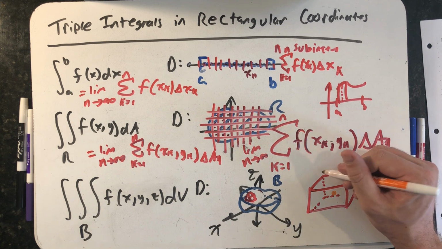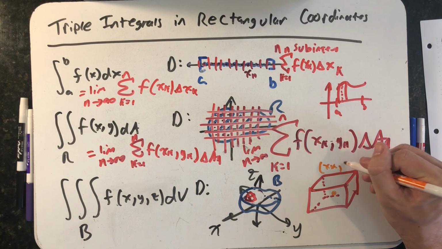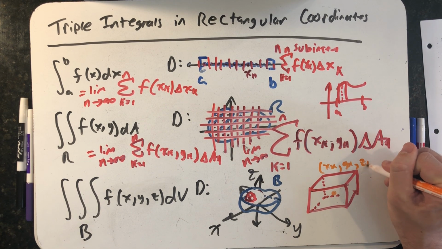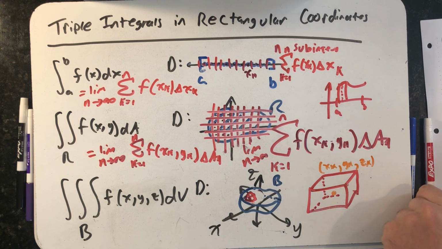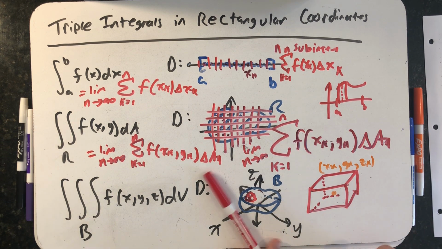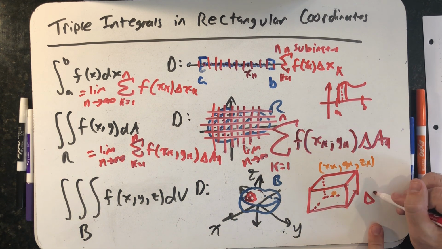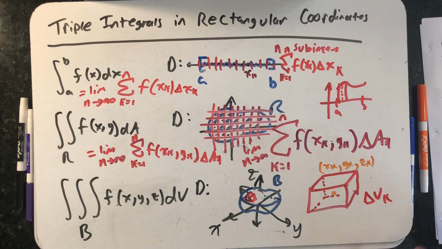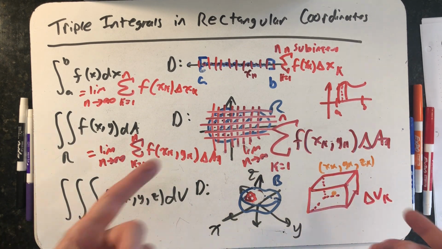Well, that little point would be a xk, yk, zk. The volume of each box I could call delta V sub k. And then I could form the same kind of Riemann sum.